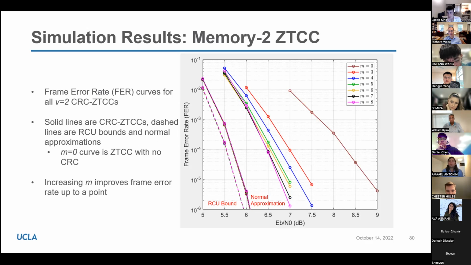One more question. Are there more than one CRCs with the same minimum distance that might make it worth it to look at other distances, like the total distance spectrum? Yes, that can absolutely be the case. Maximizing the minimum distance is not the be all end all for getting the best possible performance, but it makes it faster to find these CRCs.